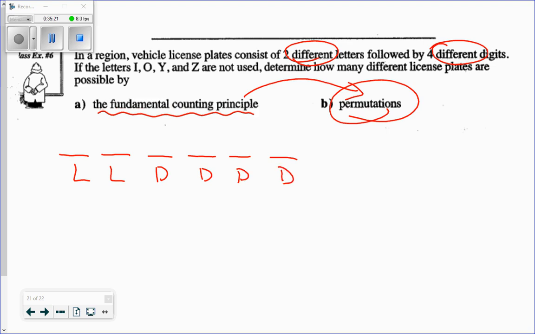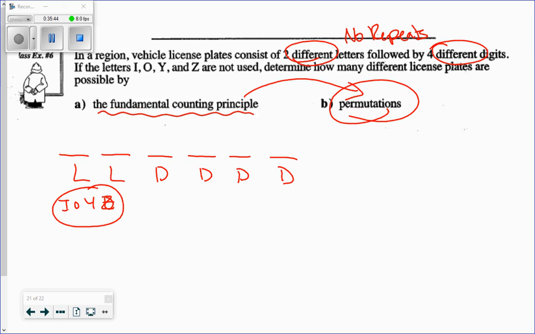Now, because it says different, this implies no repeats. Also, we're not allowed to use I, O, Y, or Z.